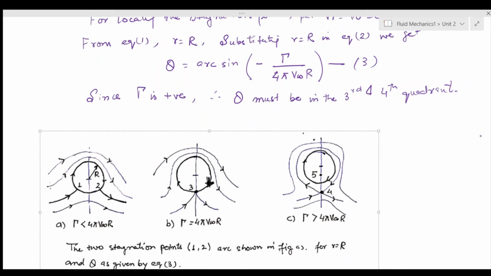The first case is that the numerator of equation 3, the argument, which is circulation, is smaller than the denominator part, this product of 4 pi V infinity R. If that's the case, then I would get my streamlines and stagnation streamline to be something like this.